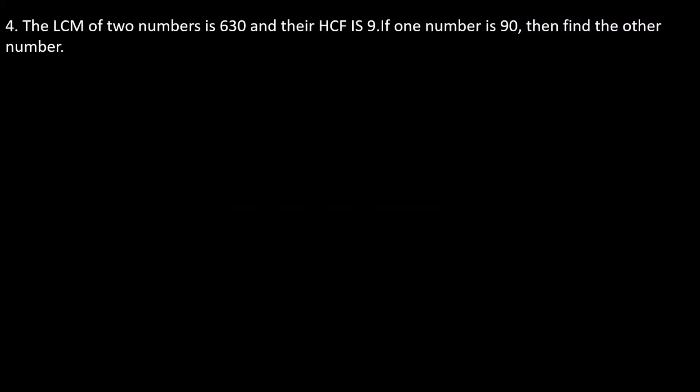The LCM of two numbers is 630 and the HCF is 9. If one of the number is 90, then find the other number. So write the relation. HCF into LCM is equals to product of two numbers.